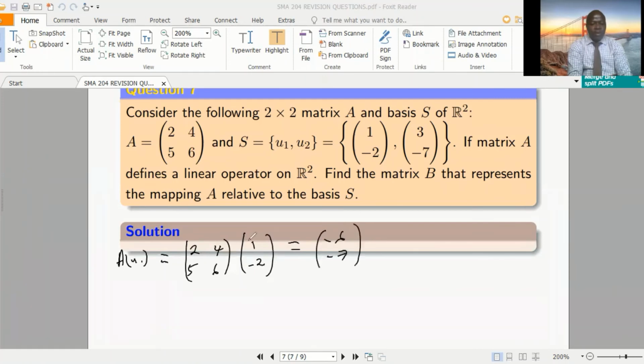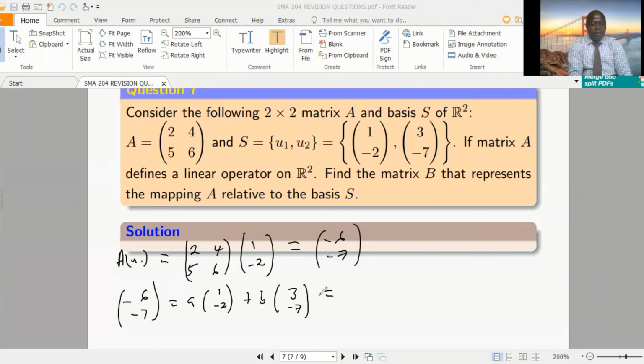Because this would be 2 minus 8 is negative 6, and that would be 5 minus 12, that would be negative 7. So now, this negative 6, negative 7, write it as a linear combination of 1, negative 2, and B times 3, negative 7.